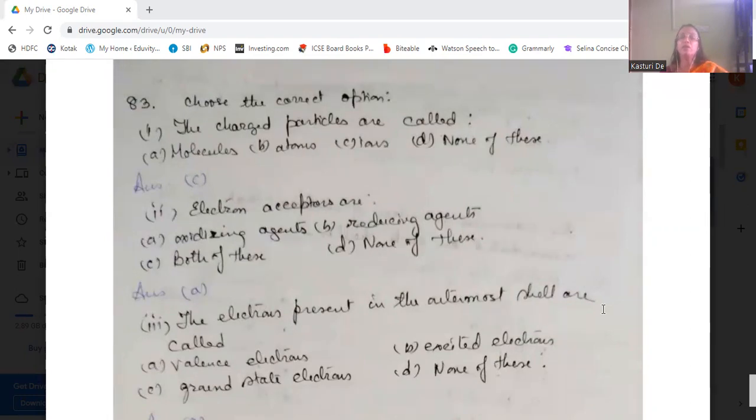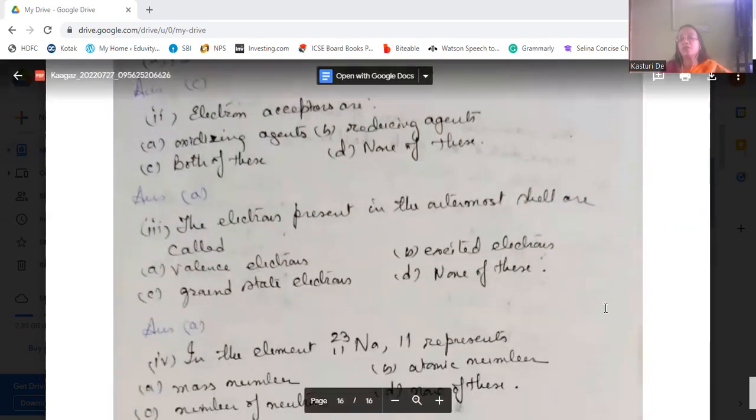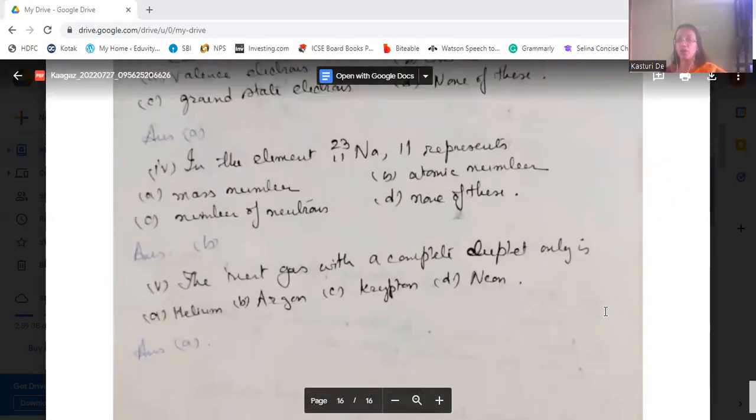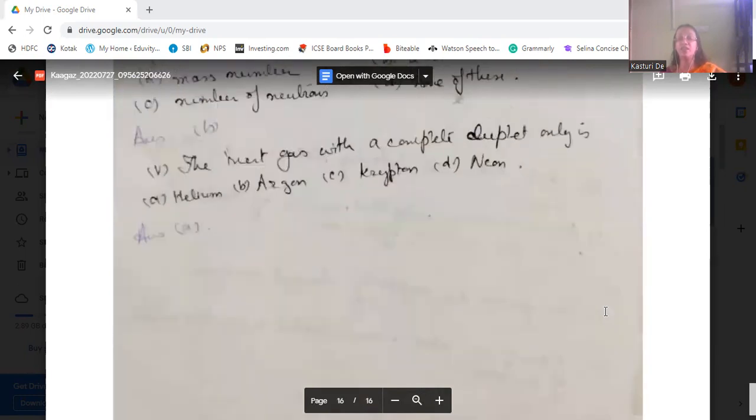Then the electrons present in the outermost shell are known as valence electrons. In 23 over 11 Na, that is sodium, 11 represents the atomic number. The inert gas with a complete duplet is helium.